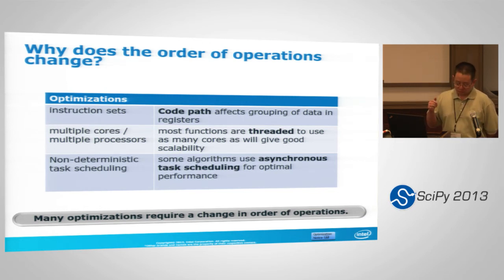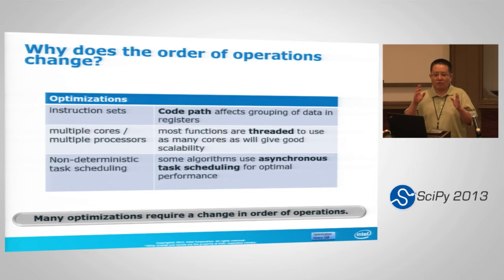For example, the latest instruction set from Intel is called AVX. Basically, it has a lot of features, but the most relevant one to this talk is that its SIMD width is doubled compared to the previous generation of instruction set. So previously, you could pack, say, 2 double precision floating point numbers in one instruction.